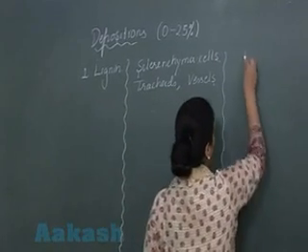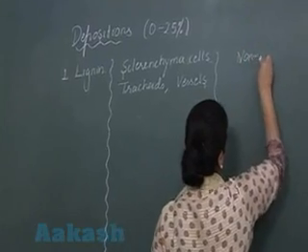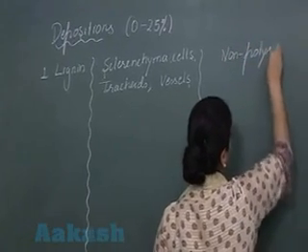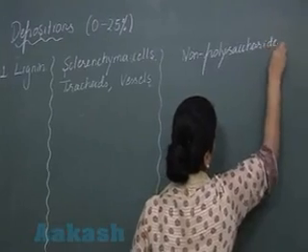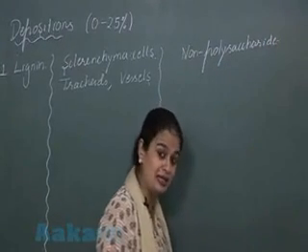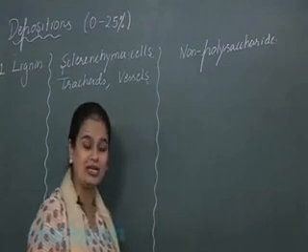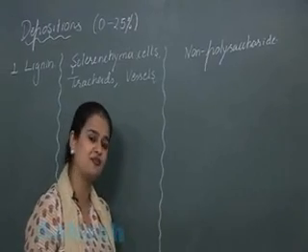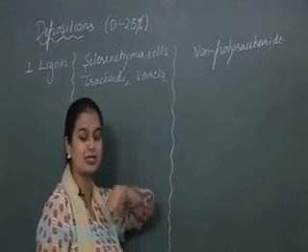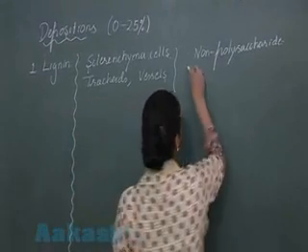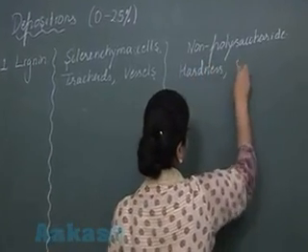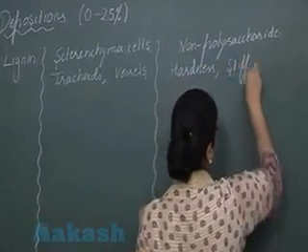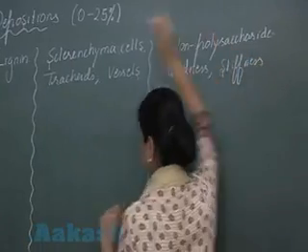Yes, this is a non-polysaccharide compound, and this lignin is going to provide the hardness, stiffness to these components which are present in the plant. So they are responsible for the hardness, stiffness of the cell wall.